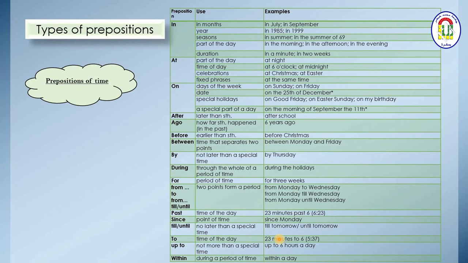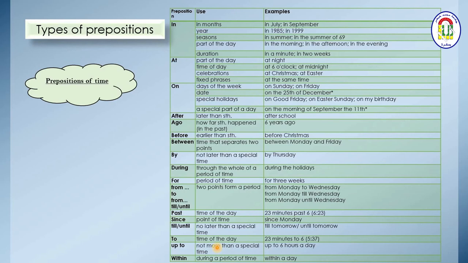From 31 till 59, it is normally to. So here when I say 23 minutes to 6, it means it is not 6 o'clock yet. It is 5:37. Okay? So the time we use to also. So you see to here, it is used for the time. And it is used with the verbs. And it is used for direction. And so on. Up to, not more than a special time.